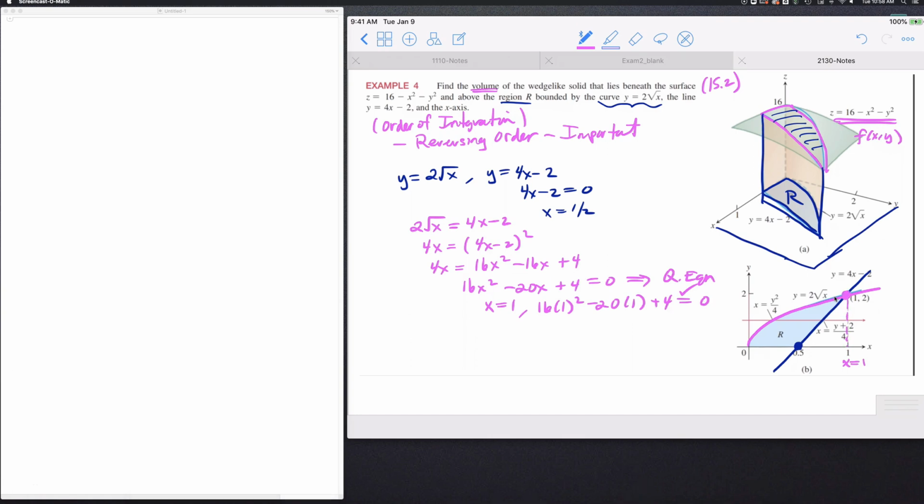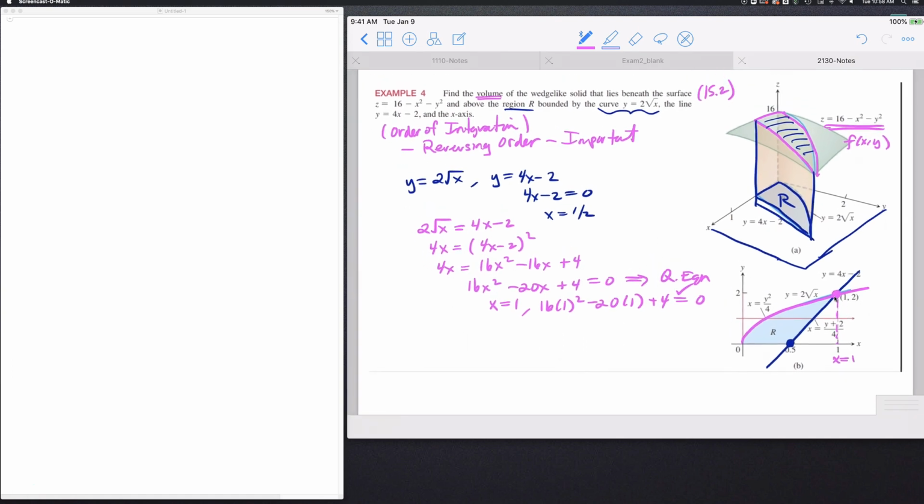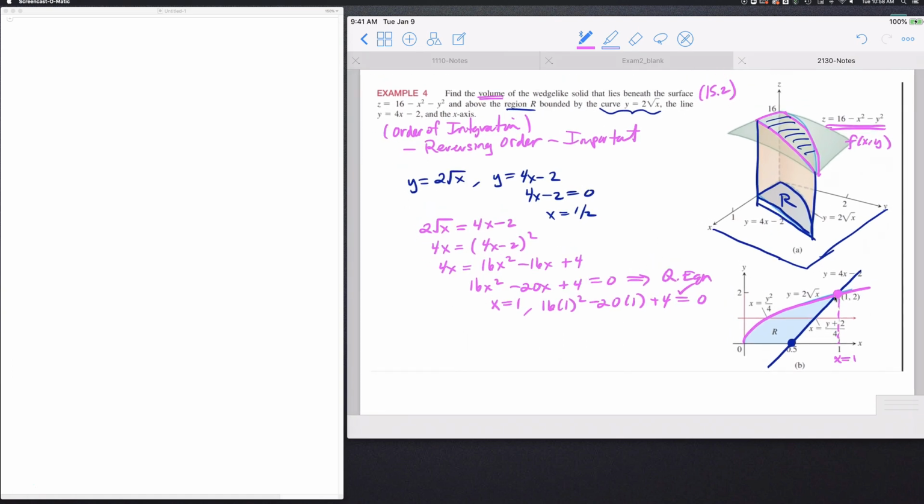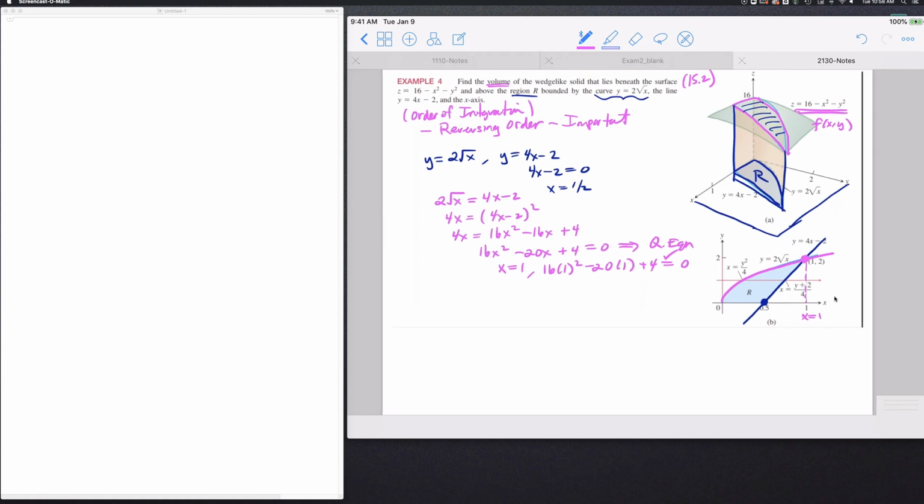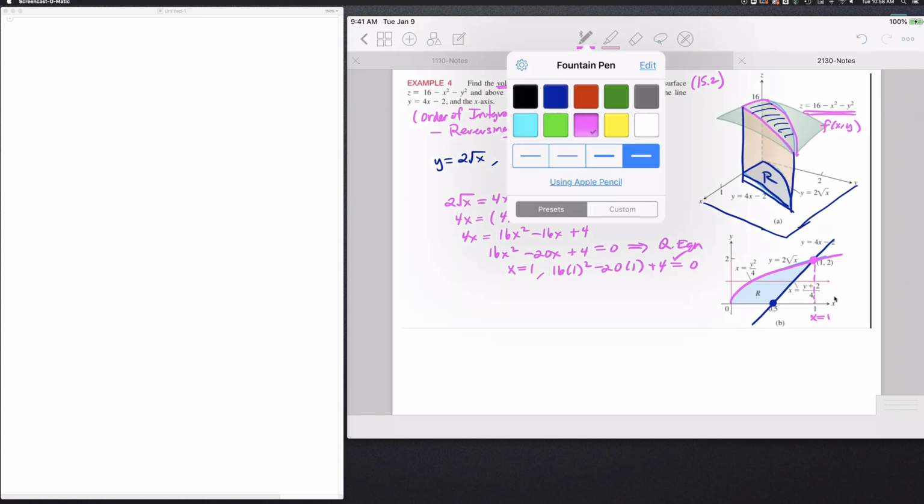Now that we have the edges of this region laid out, we know some intersection points. We would have to decide on what order of integration we would want to do for the volume problem. Now there are two choices.